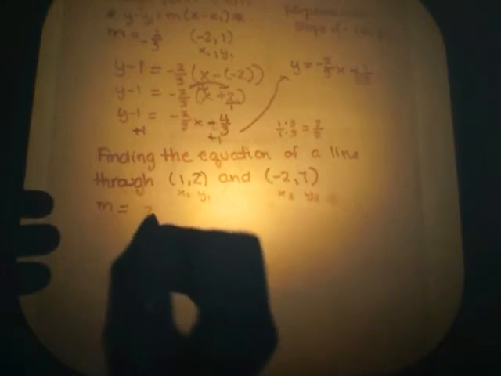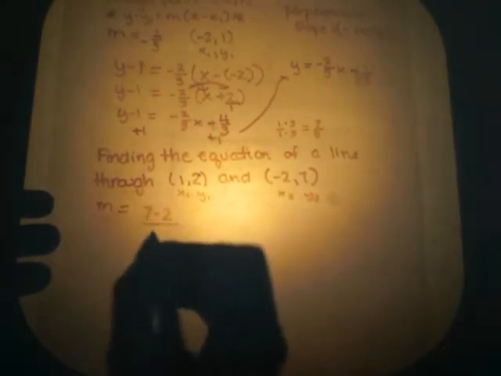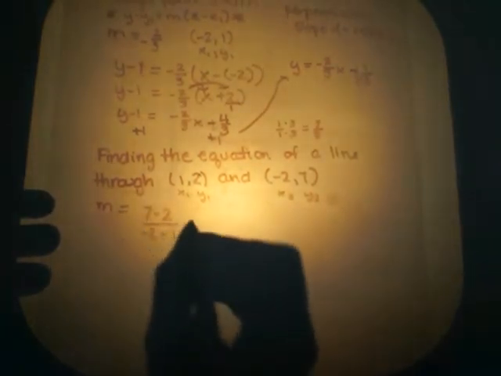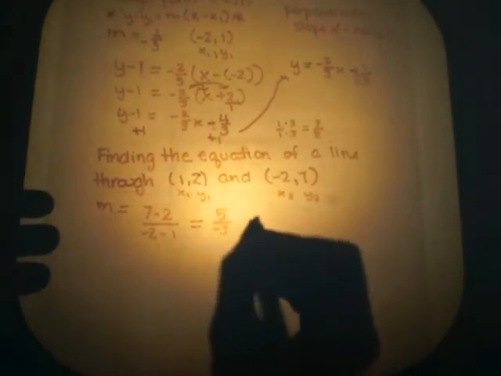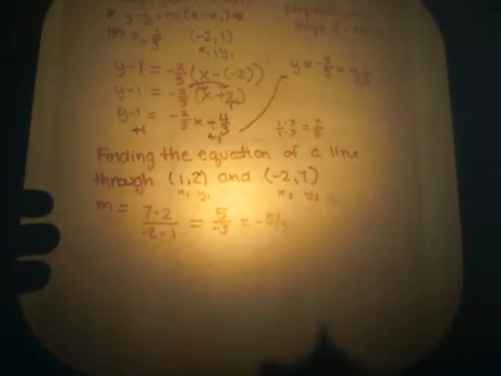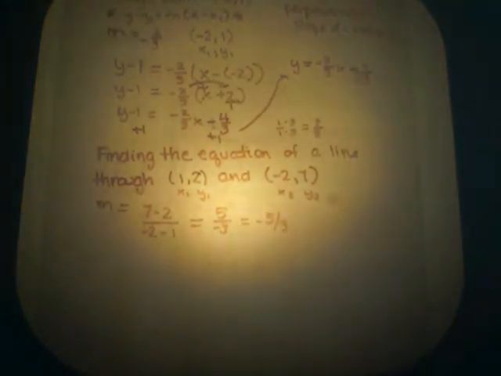So we'll take 7 minus 2 over -2 minus 1, which gives us 5 over -3, or -5/3. Okay, so that's going to be our slope. We do not need to change our slope at this point because we're not doing a perpendicular line. That is actually the slope that we're going to be using for our line.